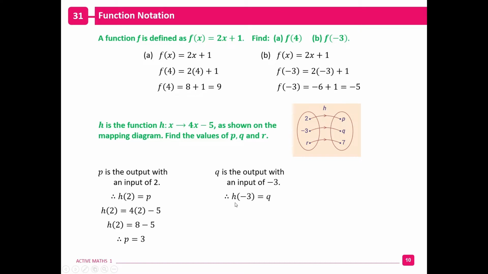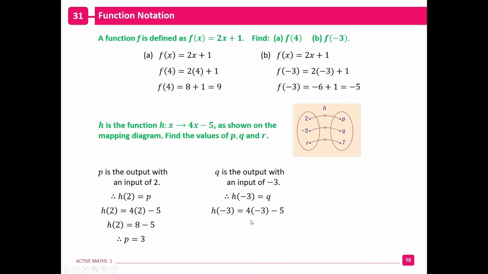We do the same thing then for our input minus 3. We're going to start by writing h of minus 3. In our function h, if we have the input minus 3, we get the answer q. But we know that the rule is 4x minus 5, and our x is minus 3. Remember, the x simply means our input.